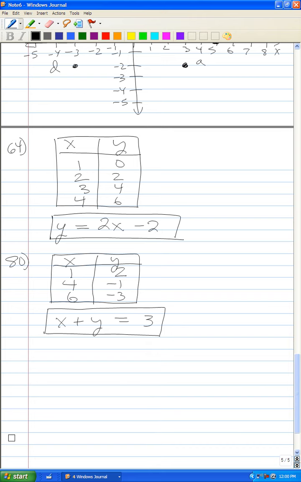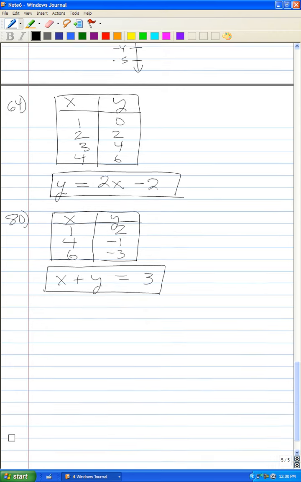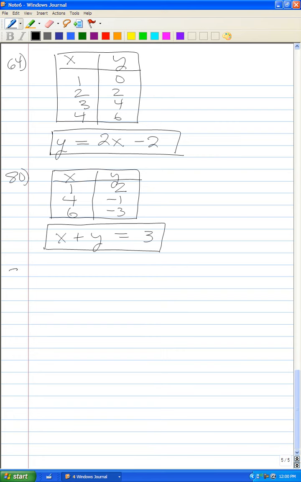Maybe I'll do one more. How about problem number 86? x, y. When x is 1, y is 4. When x is 2, y is 8.